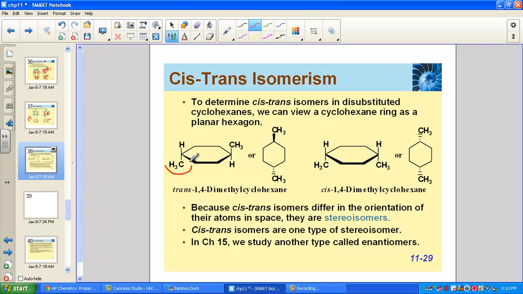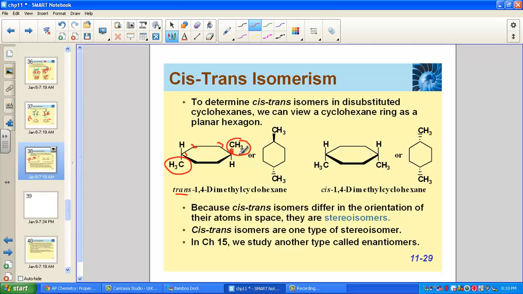I notice one methyl group is below the plane and the other is above the plane. Carbon 1, 2, 3, and 4, always on opposite ends here. So we have carbon 1 and 4 each having a methyl group, on opposite sides of the plane, so you'll hear trans-1,4-dimethylcyclohexane.